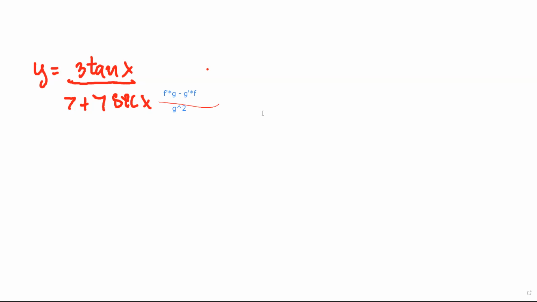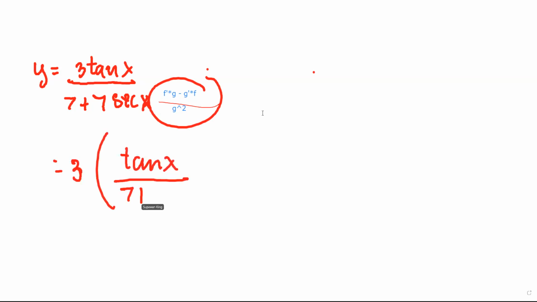Try not to get messy with whatever you type in. So you're going to use the quotient rule. Yeah. Before you use the quotient rule, you said you factor the 3 out. Is that right? Yes. Okay. Take the 3 out, and then the tangent x over secant plus 7 plus 7 secant x. Yeah.